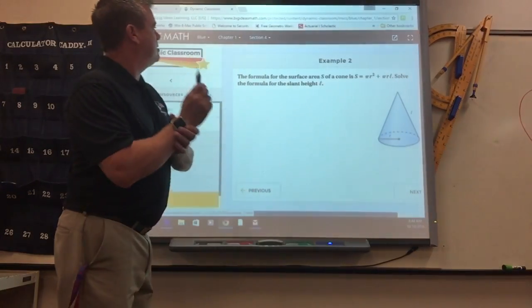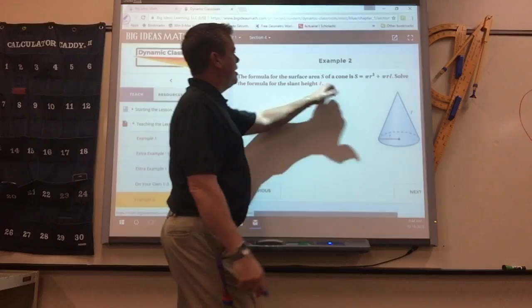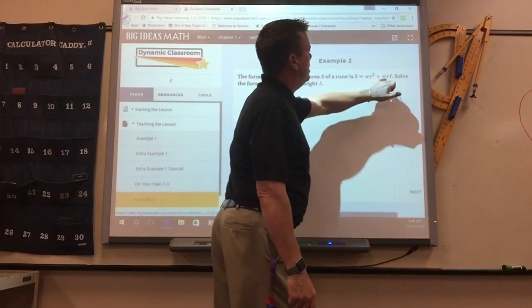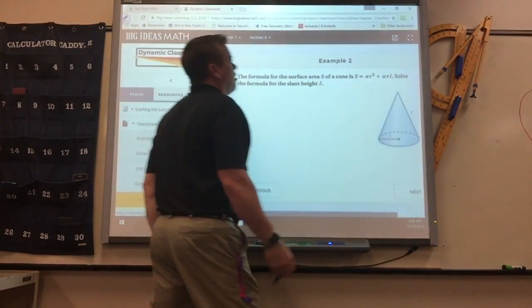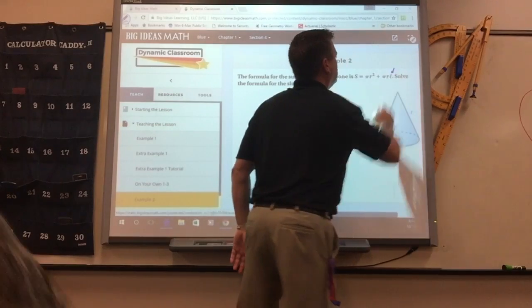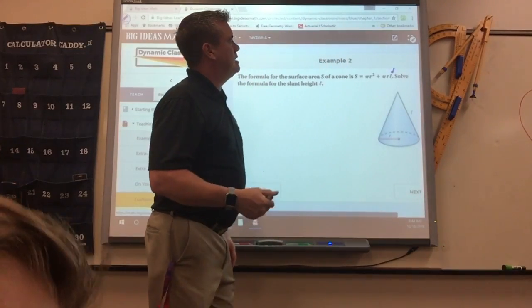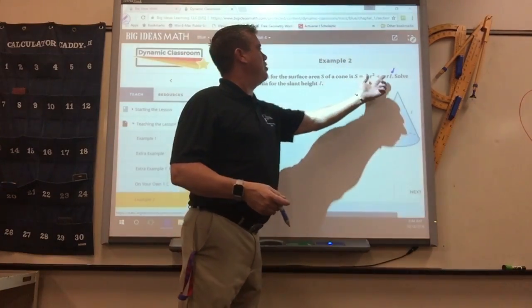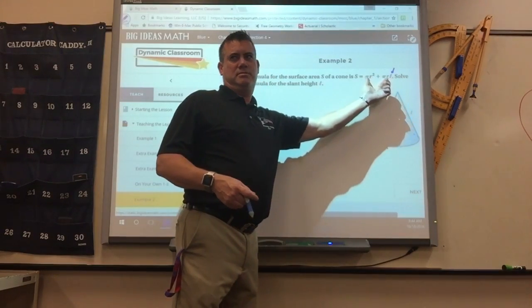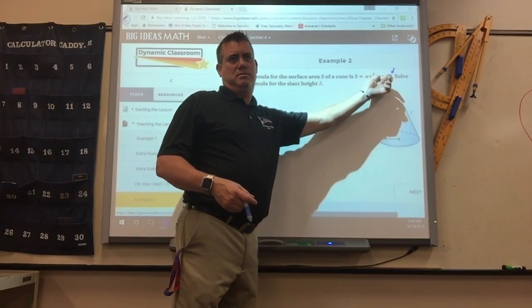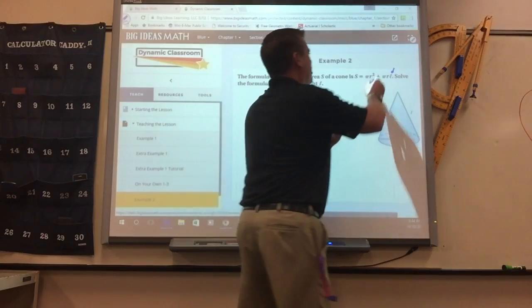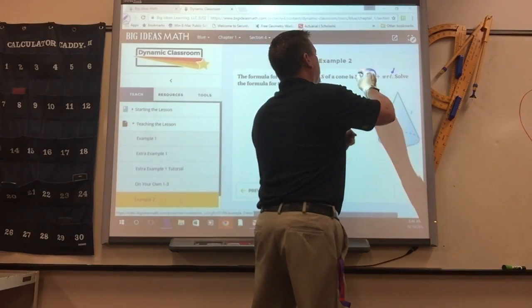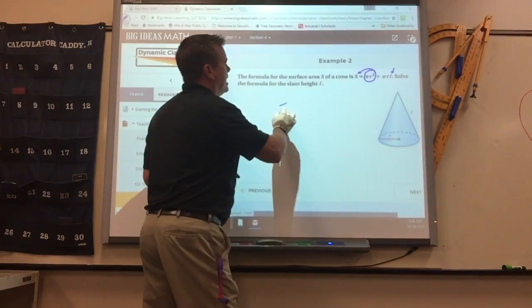Here we got a formula. Surface area of a cone is pi r squared plus pi r L. Solve for L. So, what's the first thing you get rid of on this side? Pi r squared. Right, the term that's not hooked to it. You just move that over to the other side. So the S is there.